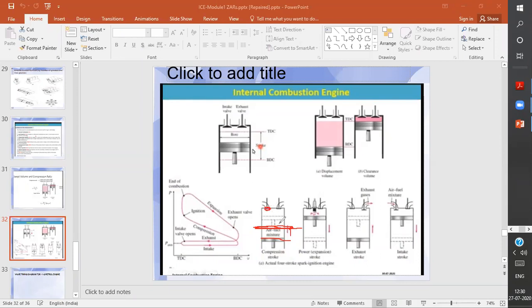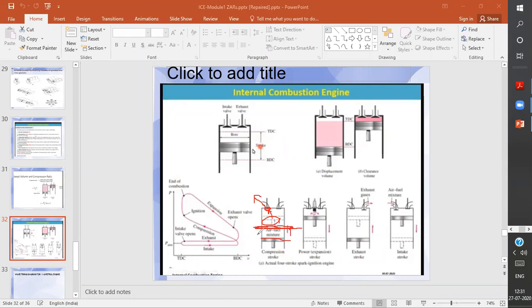Because the pressure has risen so much here, it will start pushing the air fuel mixture back into the inlet chamber. So your air fuel mixture will go out. So you have to design it accordingly.